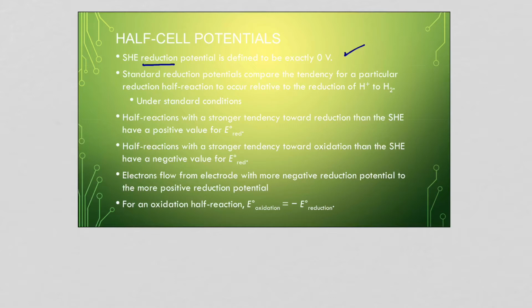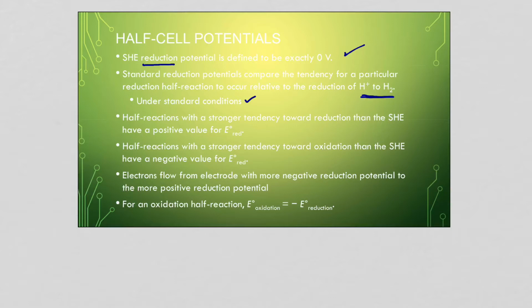So standard reduction potentials compare the tendency of a particular half reaction to occur relative to the reduction of hydrogen ions to H2, under standard conditions. In other words, does the half cell that we're looking at have a higher potential to undergo reduction than the SHE, or a lower potential to undergo reduction than the SHE?